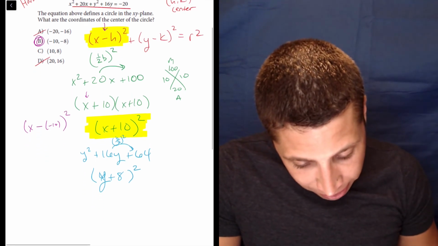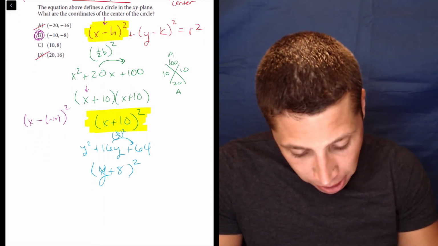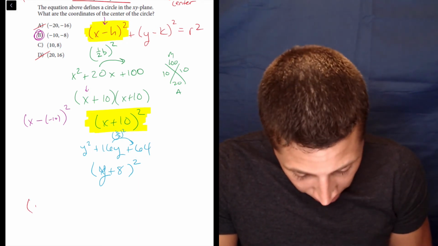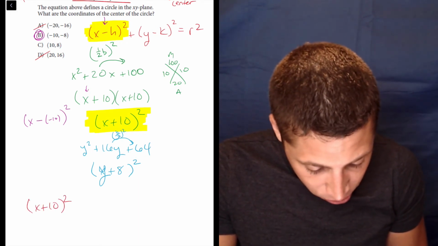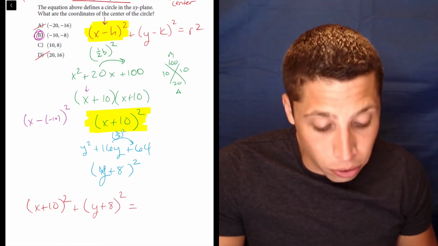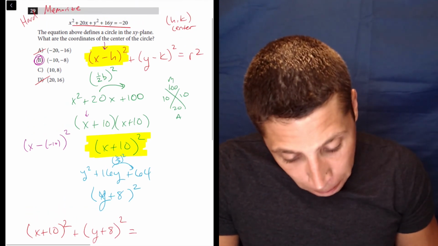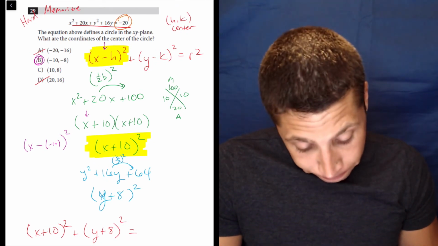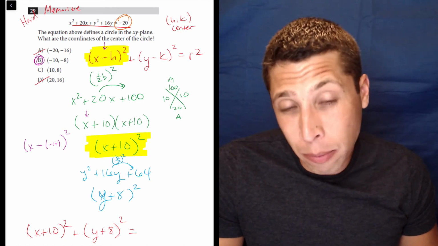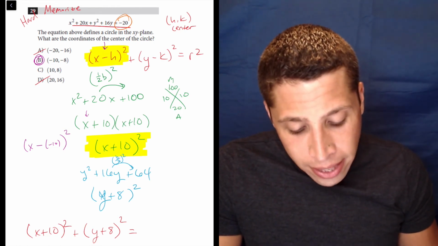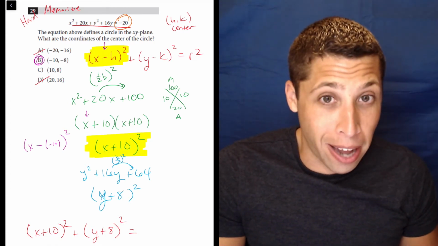So now, if we started combining these, let's use red: x plus 10 squared plus y plus 8 squared equals, well, before it was negative 20. But it's not going to be negative 20 anymore. And this is a hard thing that people forget when they complete the square: I did a bad thing mathematically.